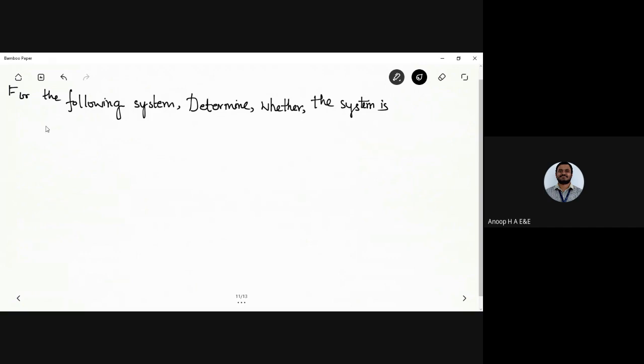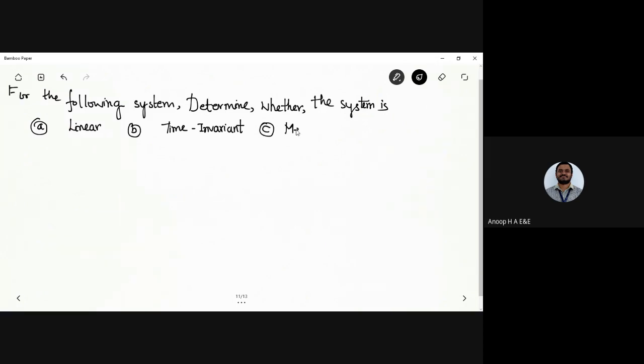is first one, linear. Next we have time invariant. Next we have memory.